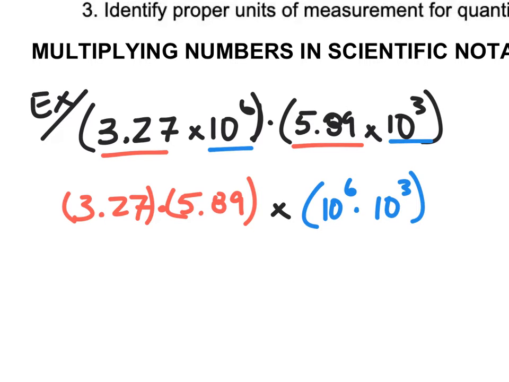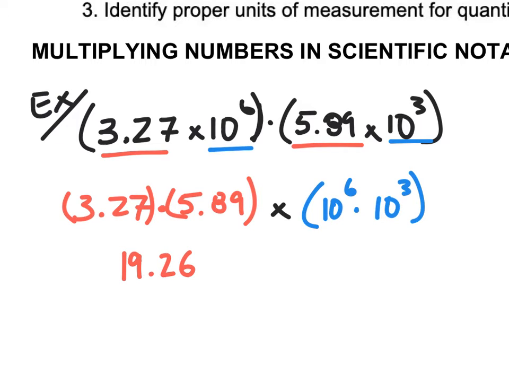All right. So when I simply multiply 3.27 times 5.89, I'm going to get a value of 19.26. Okay.